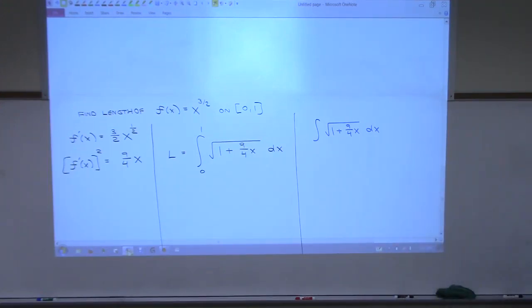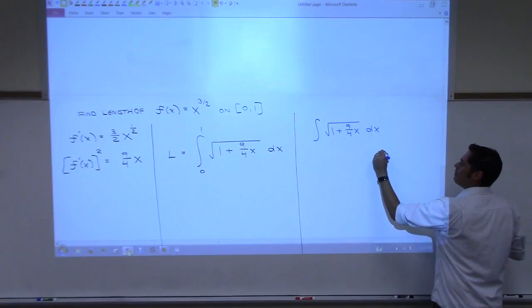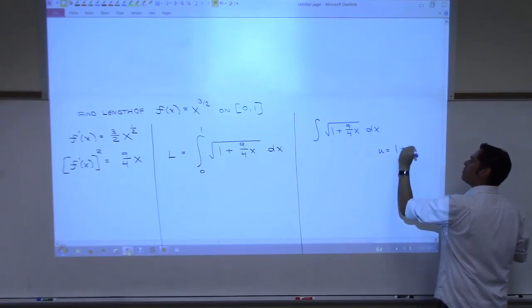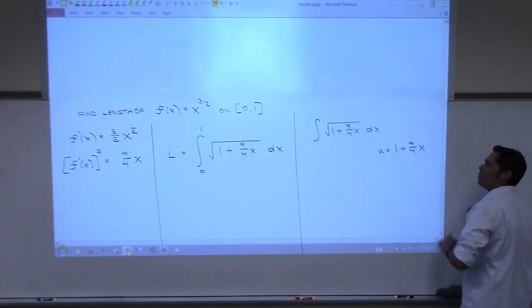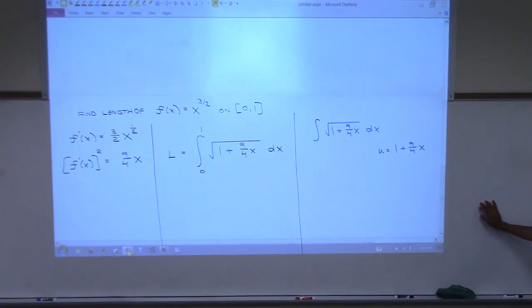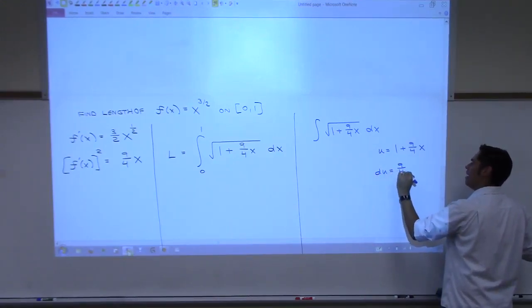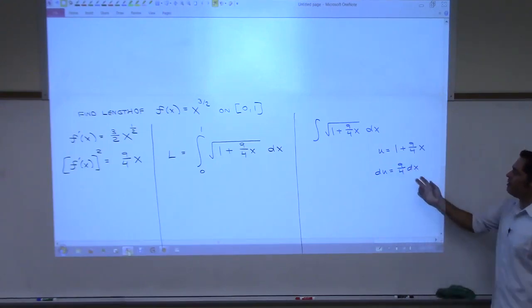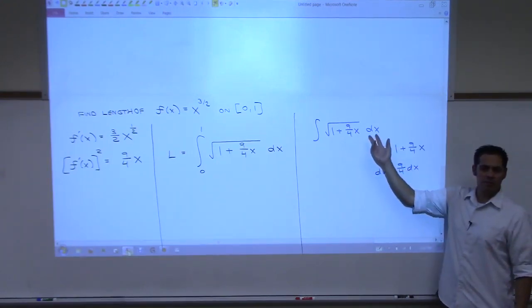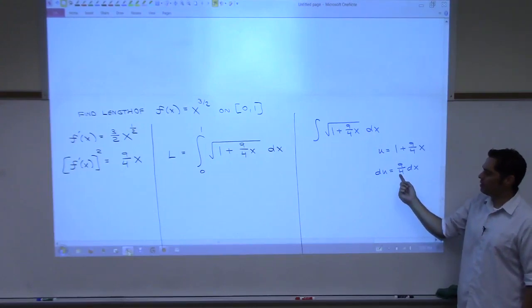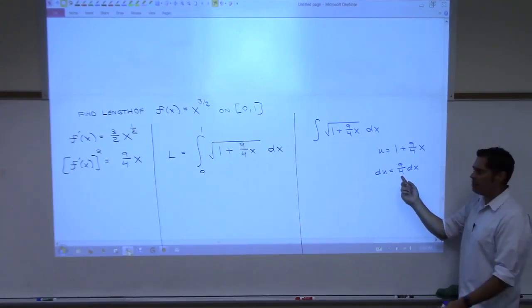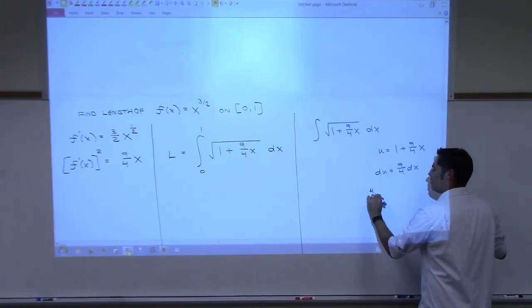Basic u-sub. This is the good old, do you see something in its derivative? What's the u? 1 plus 9/4 x. Just grab the whole thing underneath the root. What's the derivative of that? 9/4. Just 9/4 dx. You don't have a 9/4, do you? But you have a dx, so I can scale it out, multiply both sides by 4/9.